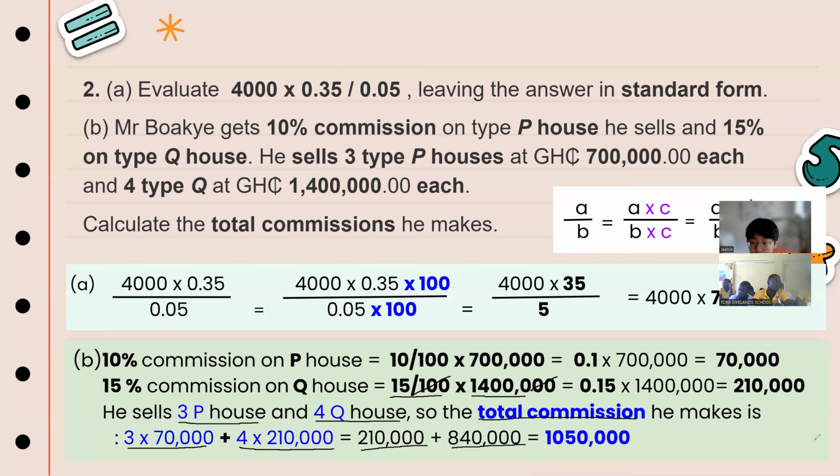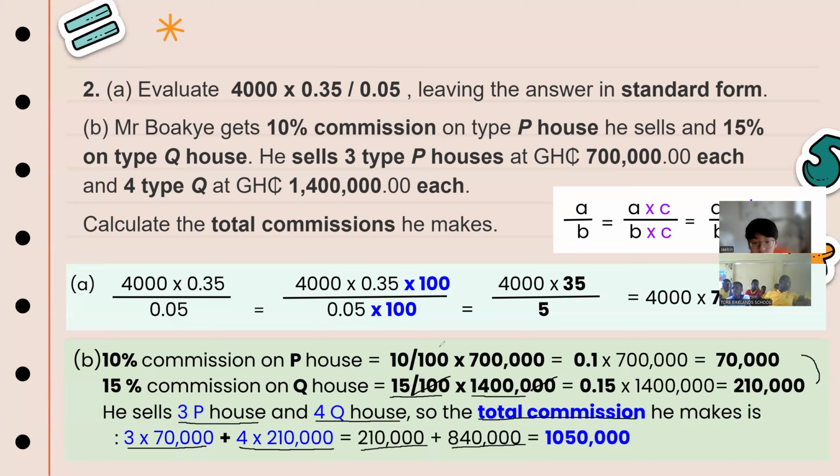Do you have any questions about the steps I used to solve this question? Yes, this was another percentage question. You have to find the percent of commission on each house that we've done here.